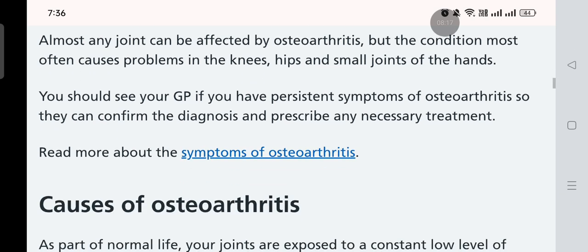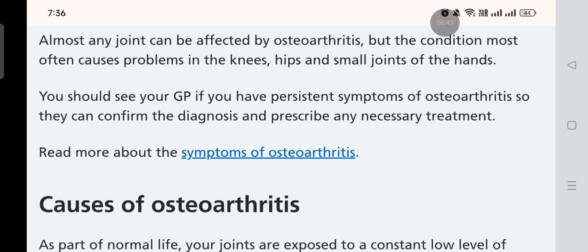Almost any joint can be affected by osteoarthritis, but the condition most often causes problems in the knees, hips, and small joints of the hands.